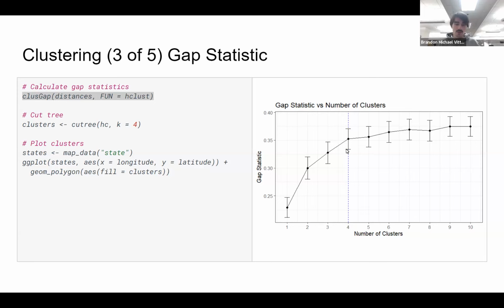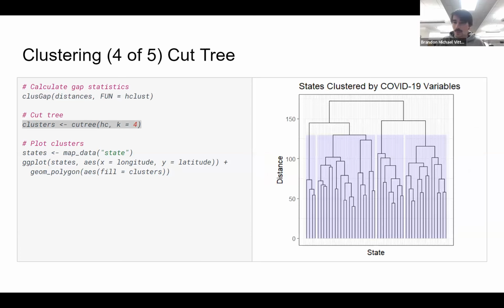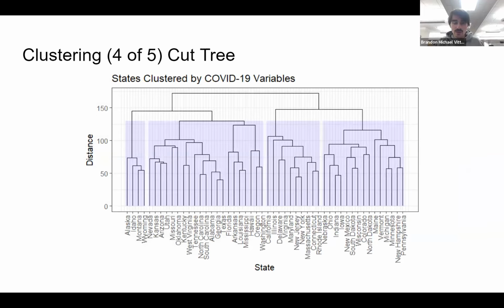Now that we have our optimal number of clusters, what we can do is we can cut our dendrogram at k equals 4 clusters. And you can see that zoomed in here. And now what we want to do, and this is going to be our last step, is we're going to take the clusters that we get by cutting our dendrogram at the optimal number of clusters and superimpose this data on a map of the United States.